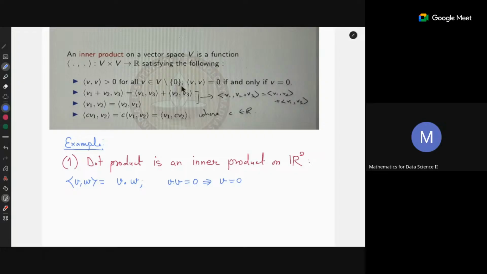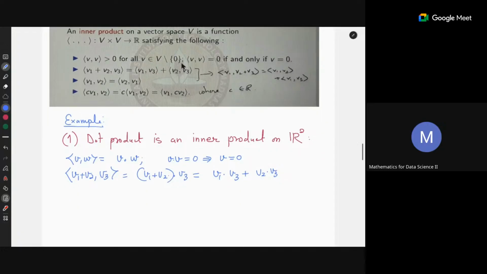Similarly, v1 plus v2 dot v3. So does it satisfy the linearity? It does satisfy the linearity.